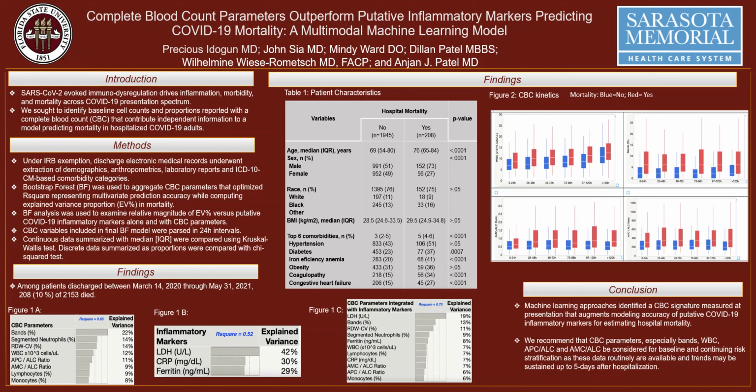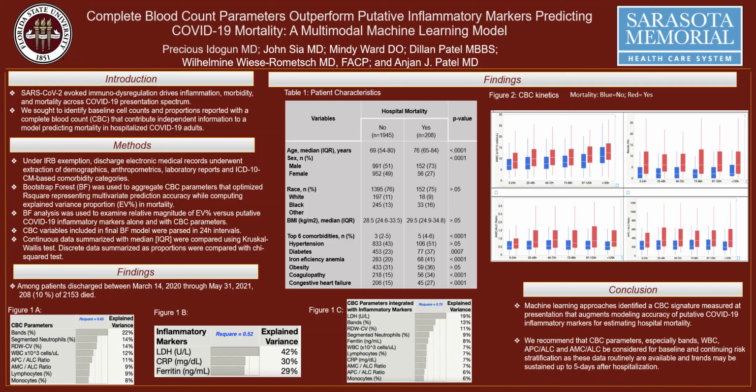Figure 1b demonstrates different putative inflammatory markers which, when trended against mortality, demonstrated a positive correlation with R-square of 0.52. Figure 1c demonstrates combined CBC parameters and putative inflammatory markers which, when trended against mortality, demonstrated a positive correlation with R-square of 0.70.